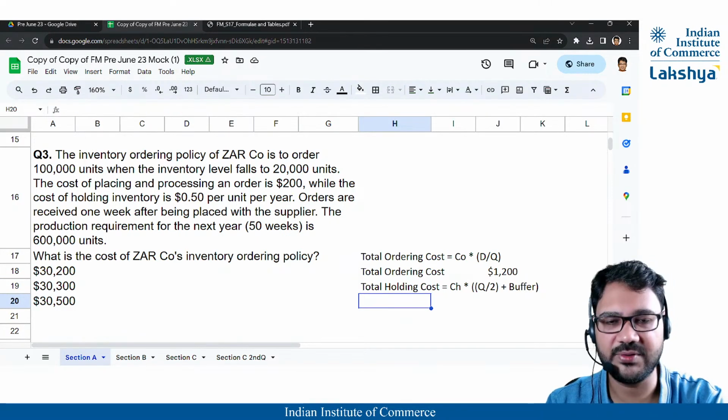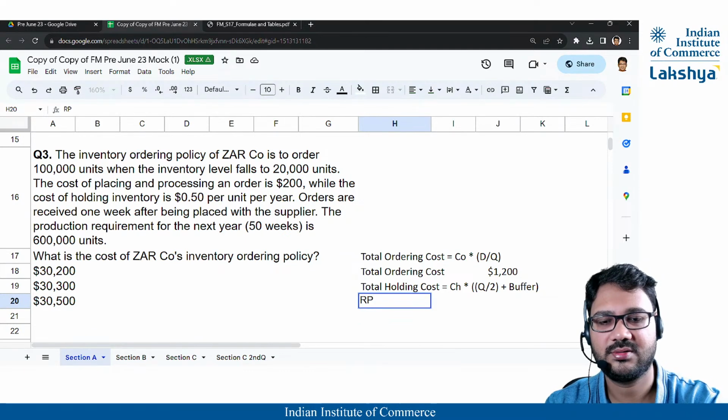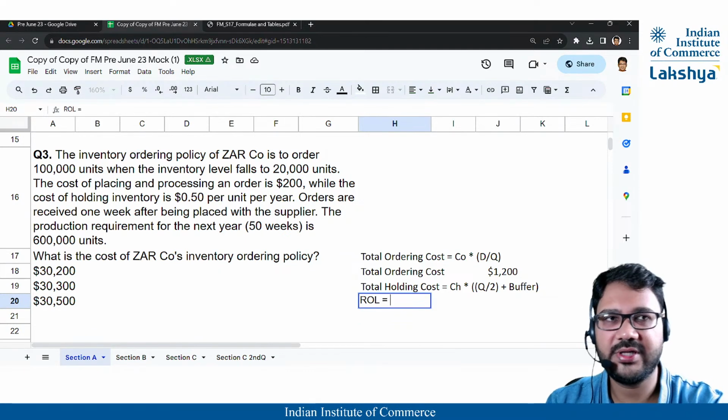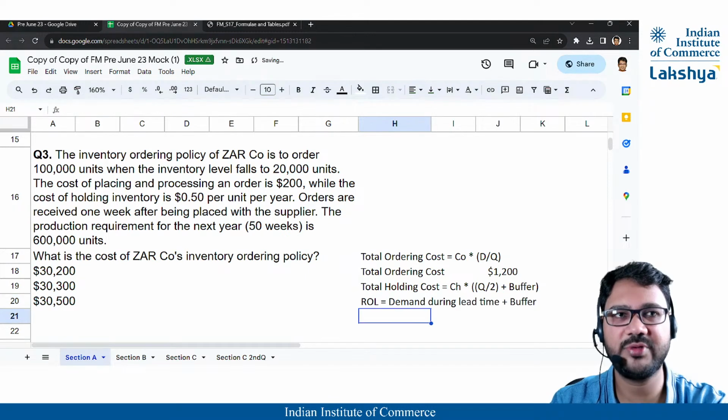Do we have a buffer? Nothing is mentioned about buffer, but there is a way to check how much our buffer is. Normally our reorder level is demand during lead time plus buffer.